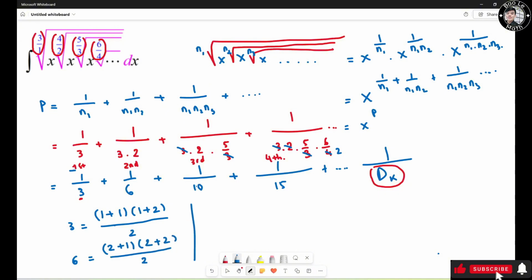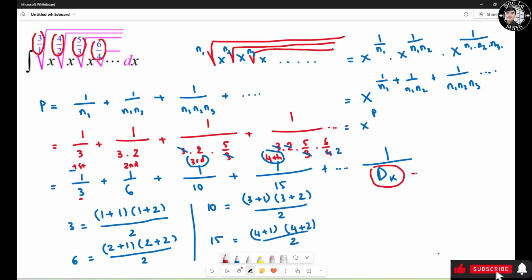Now 10, the third term, is 3 plus 1 times 3 plus 2 divided by 2. Now 15 relates to 4, so 15 equals 4 plus 1 times 4 plus 2 divided by 2.